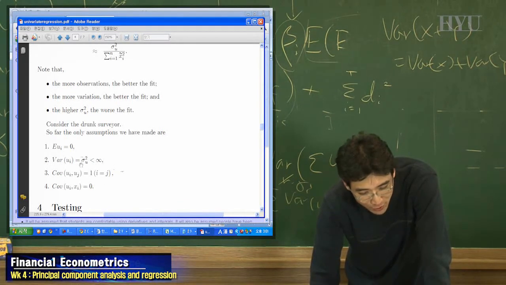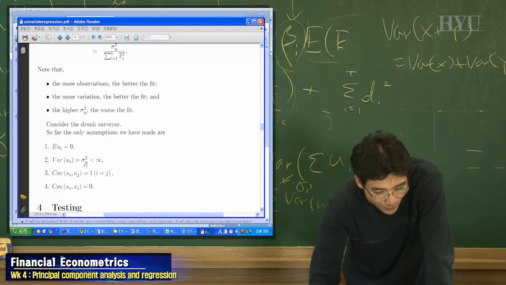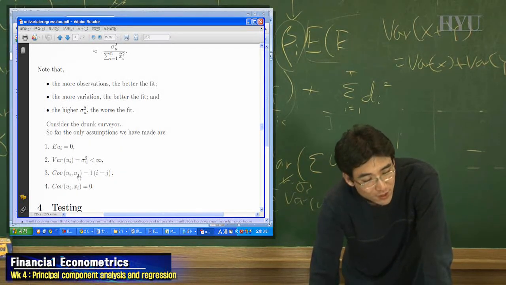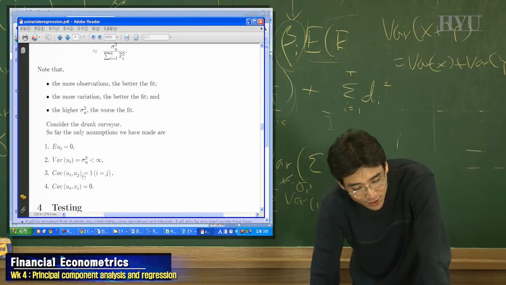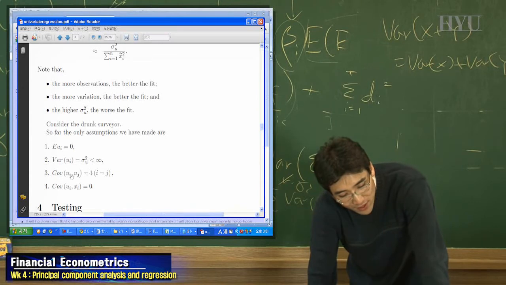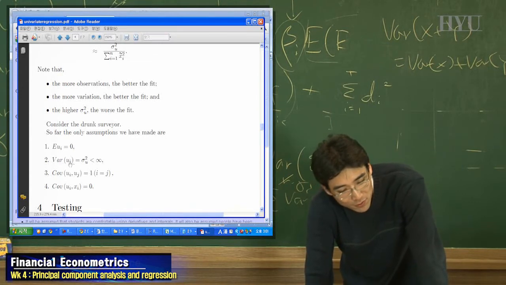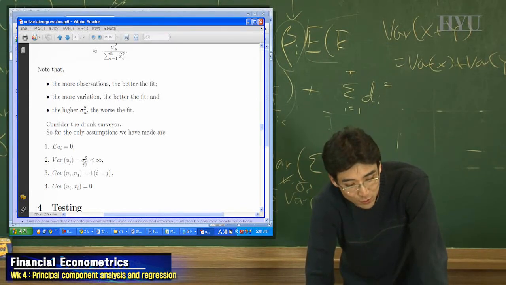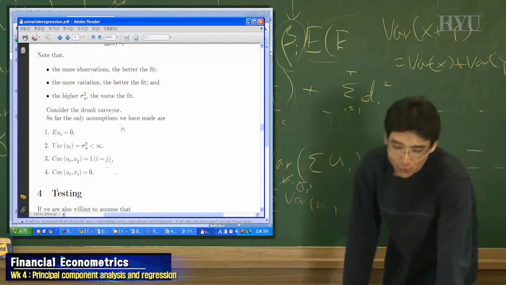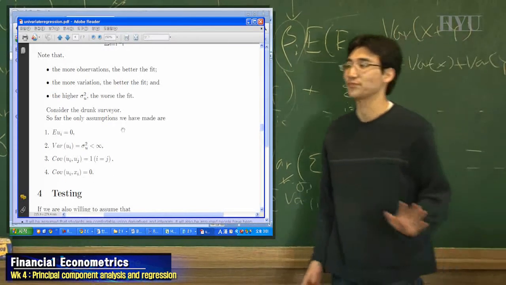This one is multiplied by another error term, so this one multiplied by u squared. If i and j are different, they are independent, so it is 0. But if i and j are the same, then it basically becomes the variance. So these are the only assumptions we made.